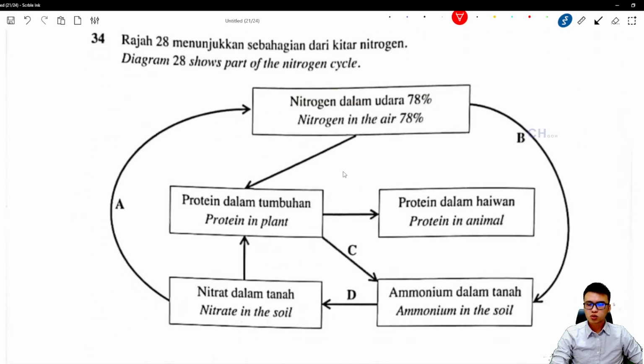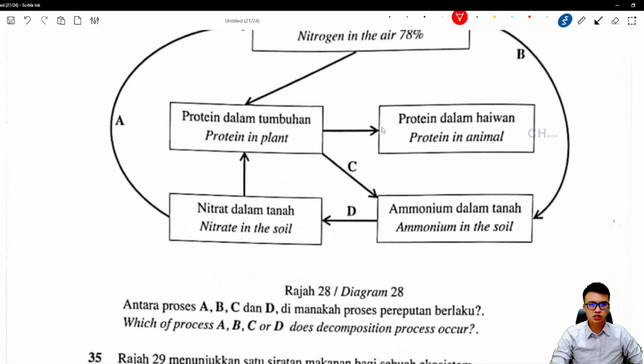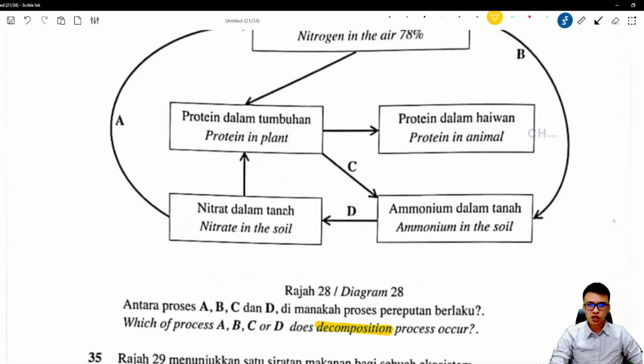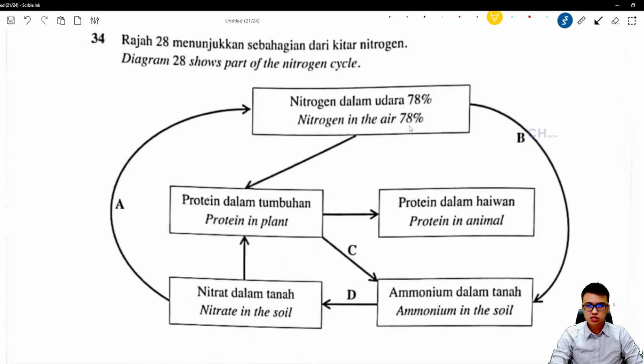Alright, let's look at question 34. Diagram 28 shows part of the nitrogen cycle. We have all these things, A, B, C, D. In which process A, B, C, D does decomposition occur? Decomposition is when living things die and are decomposed by the saprophytes. So we want to find out which is the animals here.